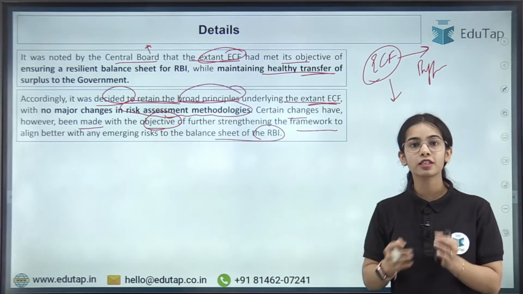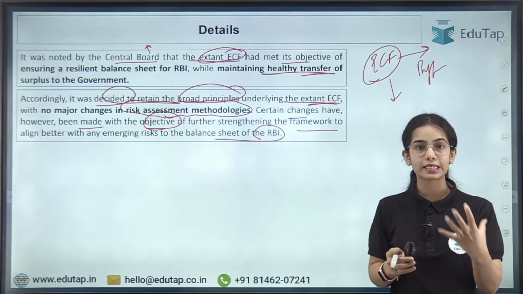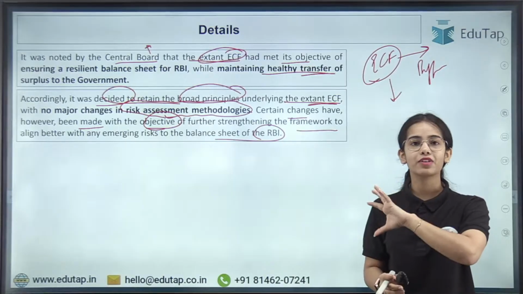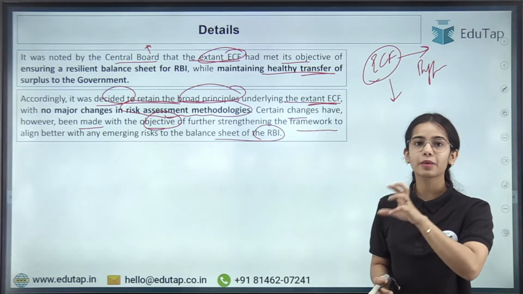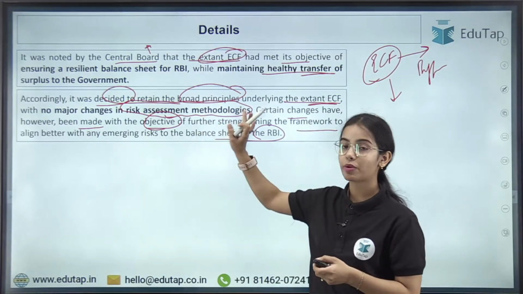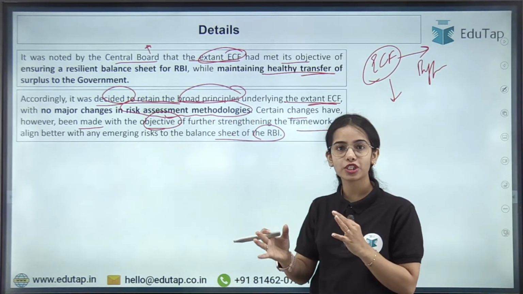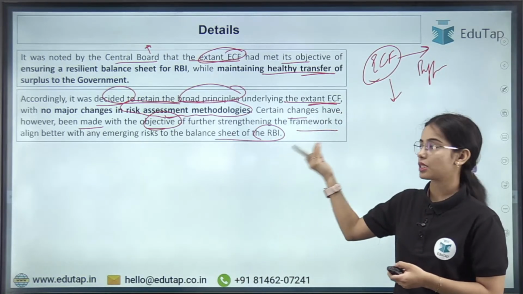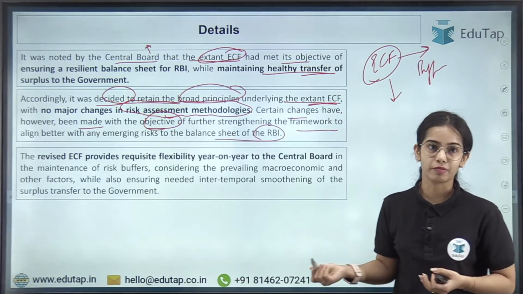We are going to keep the risk methodologies intact, but make minor changes so that we better align with the emerging risk to the balance sheet of the Reserve Bank of India.